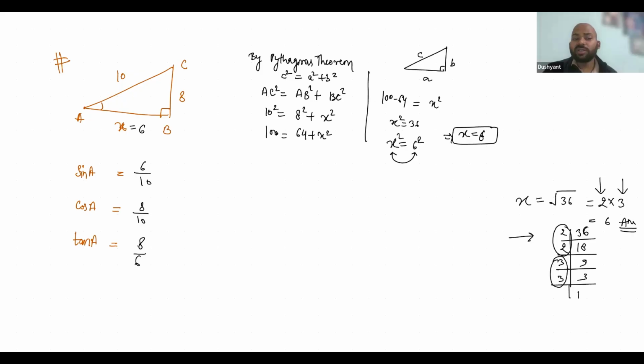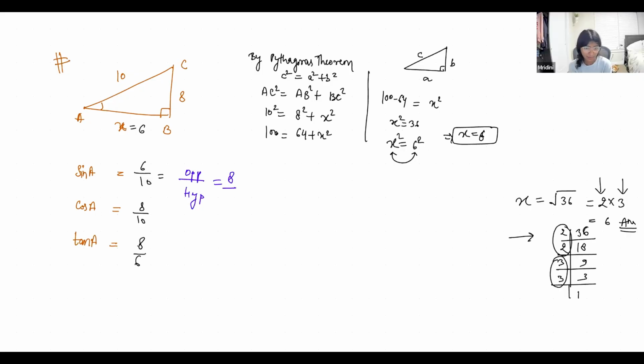The formula for sine is opposite over hypotenuse. Which one is the opposite? 8. So it should be 8 over 10, right?